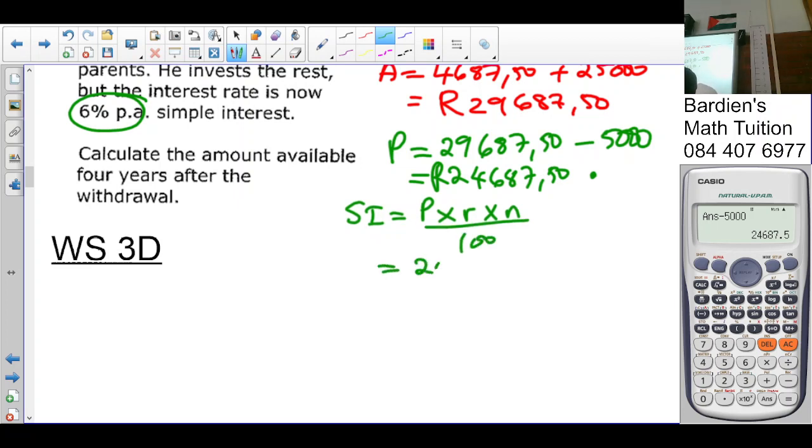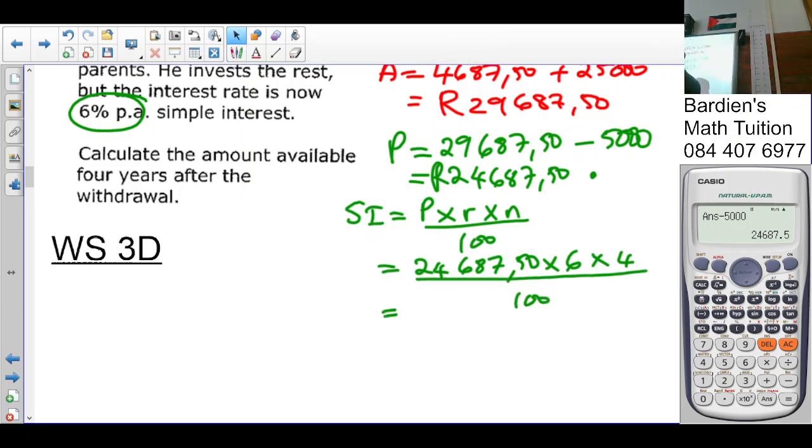The P value, 24,687 rand and 50 cents, times 6 times 4, all over 100. Gives you 5,925. But what is that? That is the interest amount.